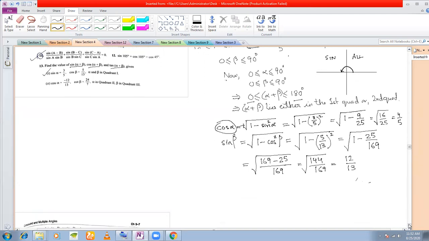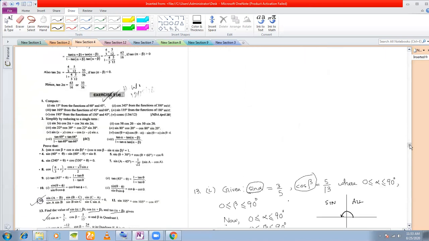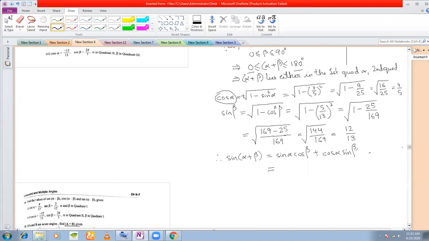Okay, now we'll find sine alpha plus beta. Therefore sine alpha plus beta is equal to sine alpha cos beta plus cos alpha sine beta. Now sine alpha we have been given here, sine alpha is 3 by 5.